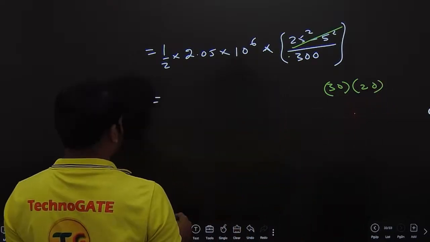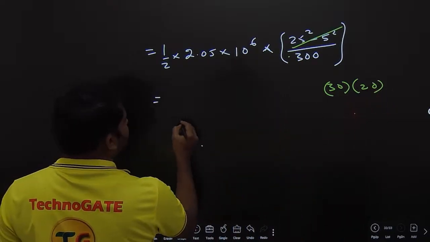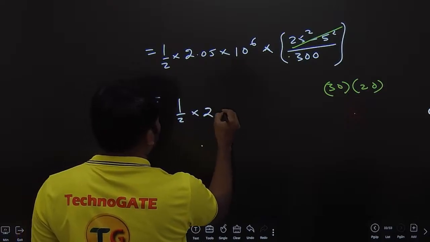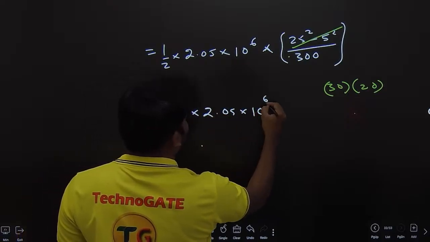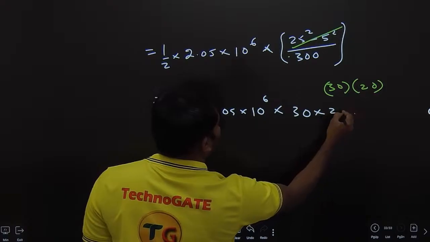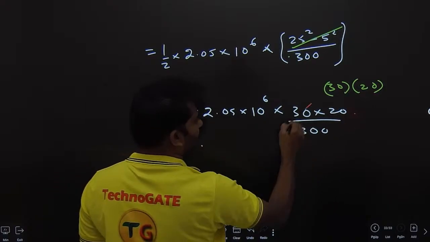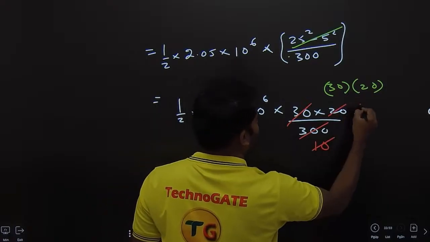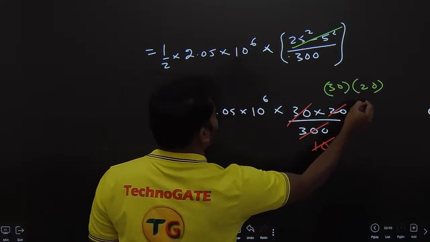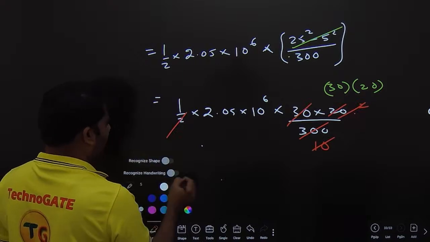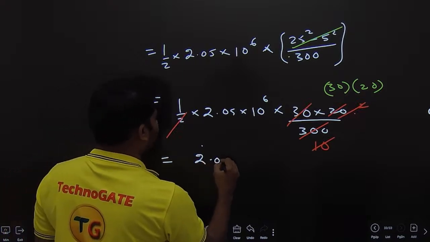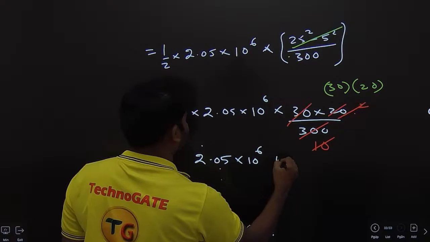If you simplify this, half into 2.05 into 10 power 6 into 30 into 20 by 300. So this is 10, this is 2, this 2 is gone, and we are simply left over with 2.05 into 10 power 6 watt.